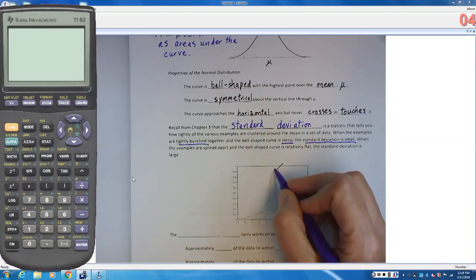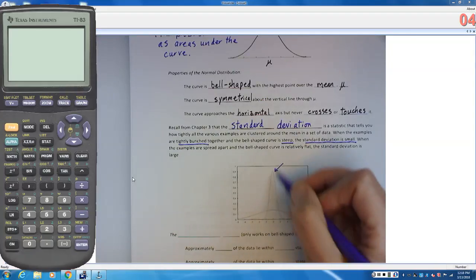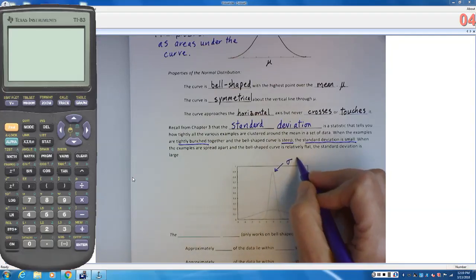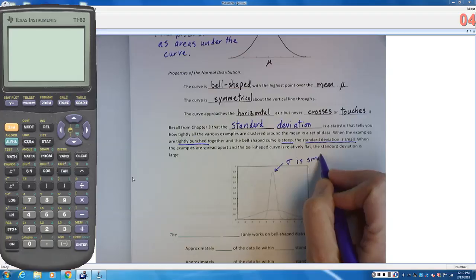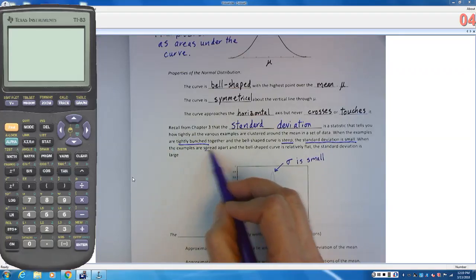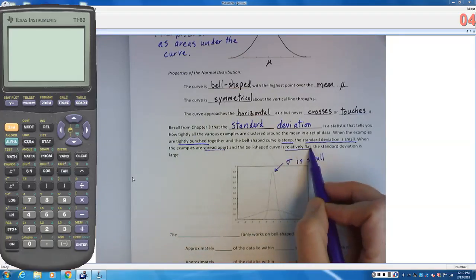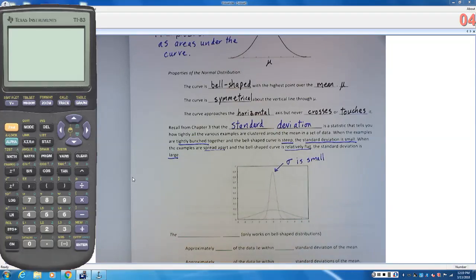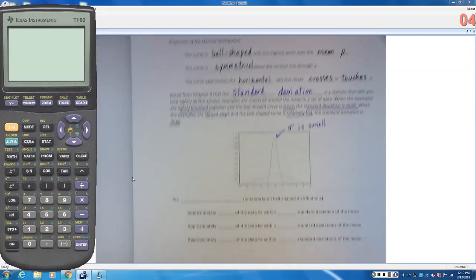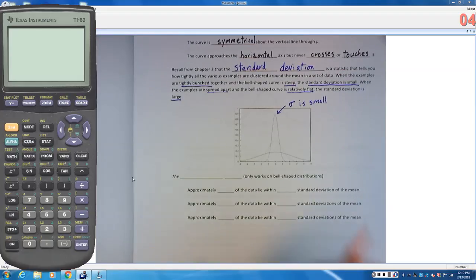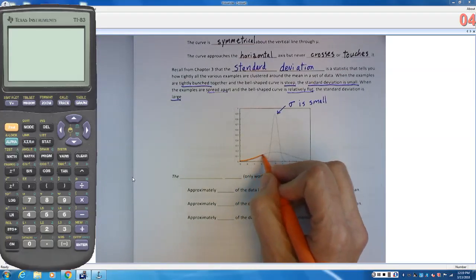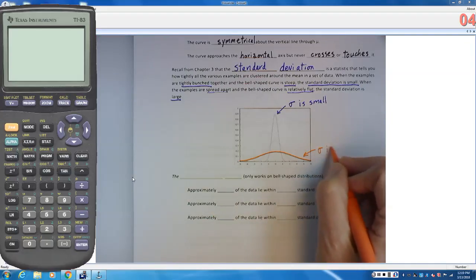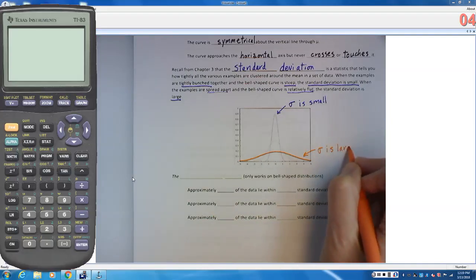So this picture here that's narrow and tall, that sigma is small. When the examples are spread apart and the bell-shaped curve is relatively flat, the standard deviation is large. So this picture here, we do it in orange, has sigma large, the standard deviation.